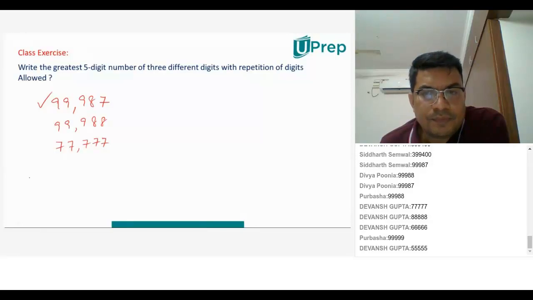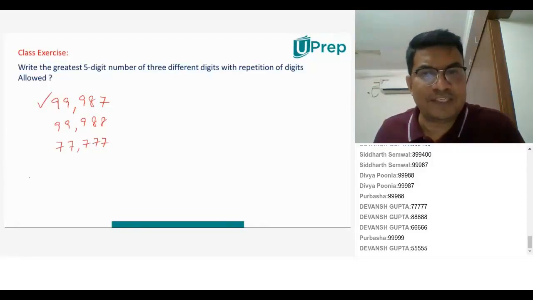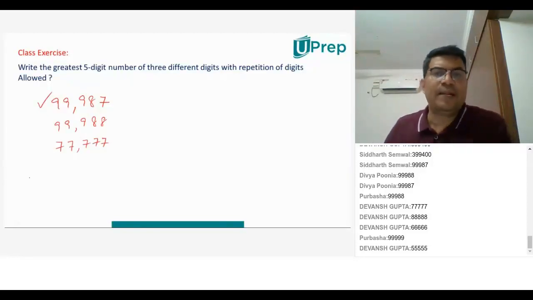Then the biggest number after 9 is 8. Then 8 will come once because 7 will also come. Then 7 is the greatest number after 8. Okay, good. Very good explanation, I understand, but let me explain a little better.